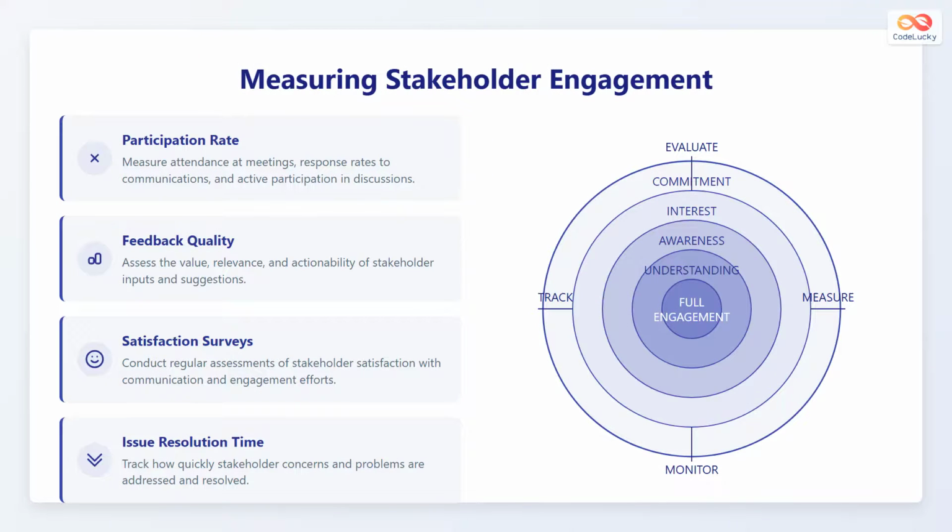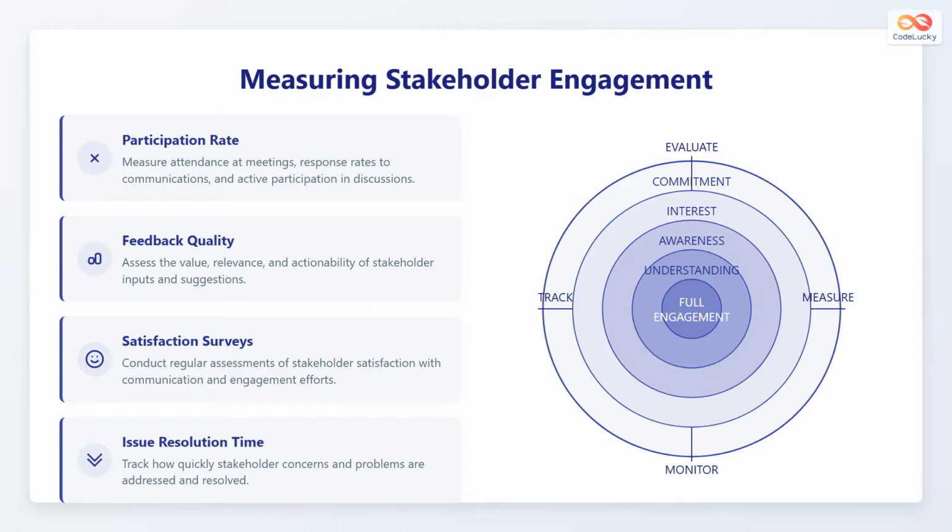To gauge the effectiveness of your stakeholder management, you should measure stakeholder engagement. Some metrics include participation rate, which measures attendance at meetings, response rates to communications, and active participation in discussions. You can also measure feedback quality by assessing the value, relevance, and actionability of stakeholder inputs and suggestions.